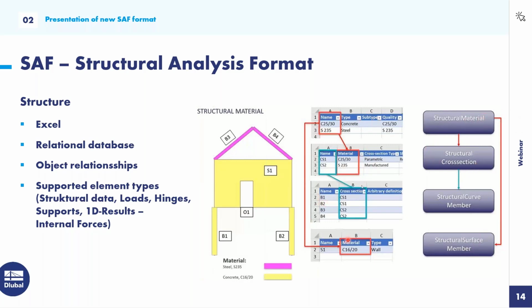And each of this information is listed in different lists in this SAF format. So what can we support as element types? The normal structural data, loads, hinges, supports, and also 1D results like internal forces. So for everyday use, there are sufficient types for simple structural modeling and calculation.